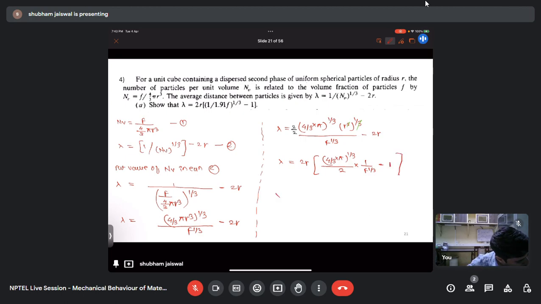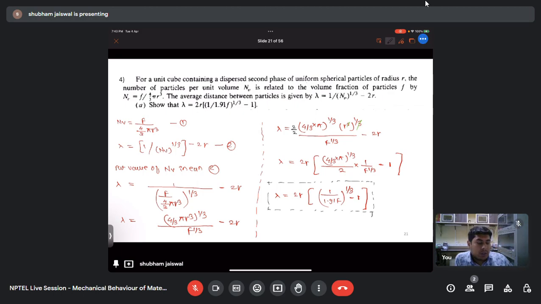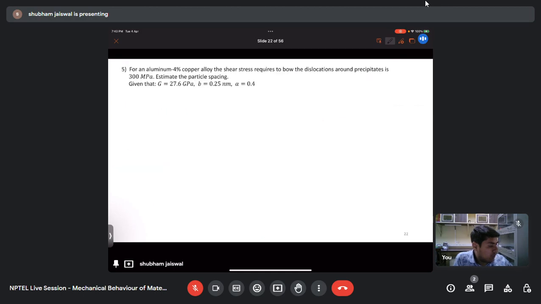Okay, if we rearrange these terms, we can write lambda is equal to 2r into 1 upon 1.91 f to the power 1 by 3 minus 1. So this is how we prove it. This is the final answer. Okay, so now move towards the next question.